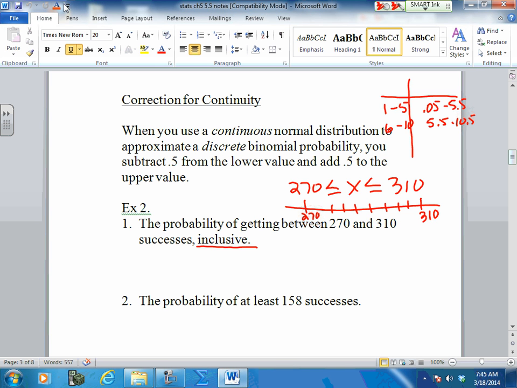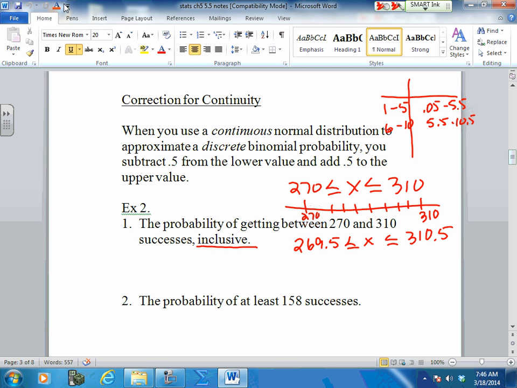Now, your rule is you subtract 0.5 from the lower end, so this becomes 269.5, and you add 0.5 to the upper end. Subtract a half and add a half. So technically you're looking at this.